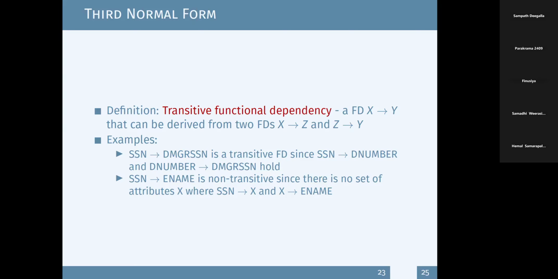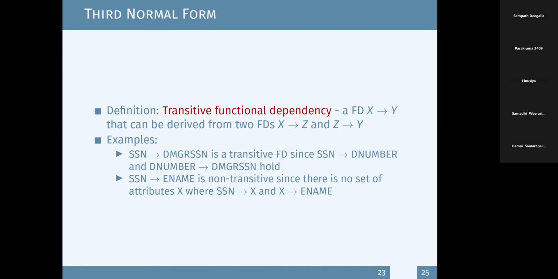If we can determine a particular attribute value through another one, then we call this a transitive functional dependency. Now think about a functional dependency x. From x, we can functionally determine y.